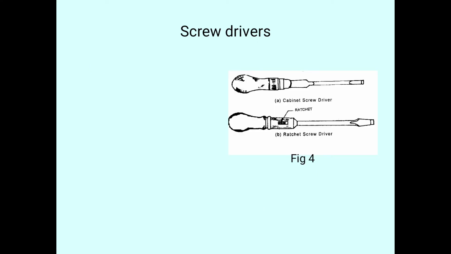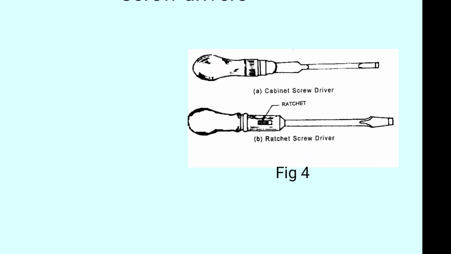Next one is a screwdriver. This is a well-known miscellaneous tool for all of us, so that will be a miscellaneous. If we observe the figure, here we can see a screwdriver.